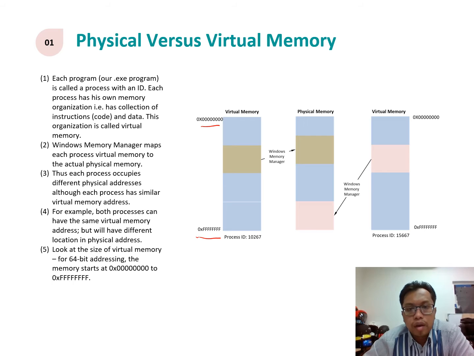But why you need virtual memory in the first place is because the physical memory, which is basically the RAM that is installed in your computer, is limited. To overcome that, virtual memory is needed. Basically, virtual memory uses the size of your hard drive.